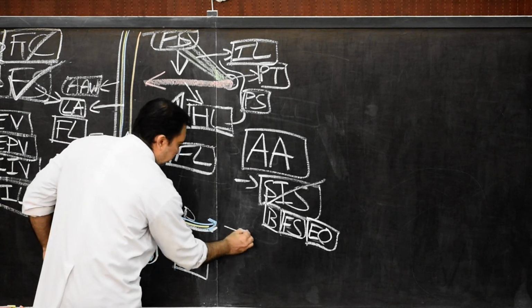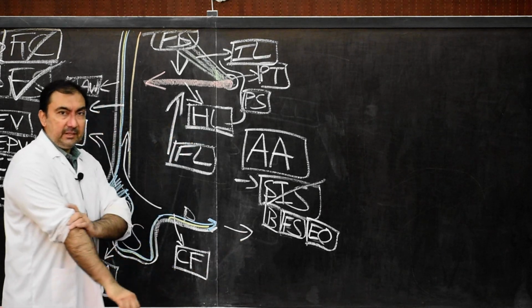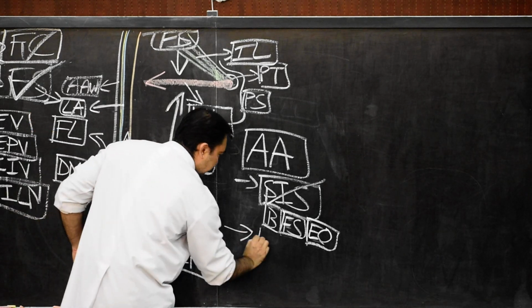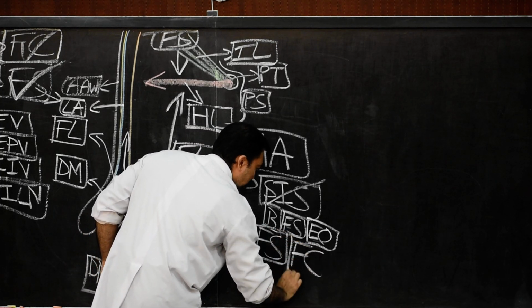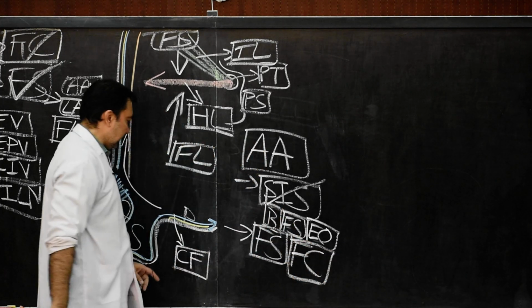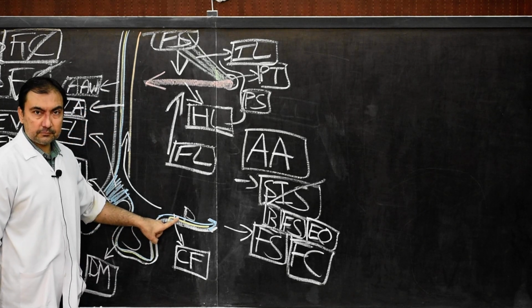Now, the second point of applied anatomy is the attachment of the fascia of Scarpa with the fascia of Colles of the perineum, this portion.